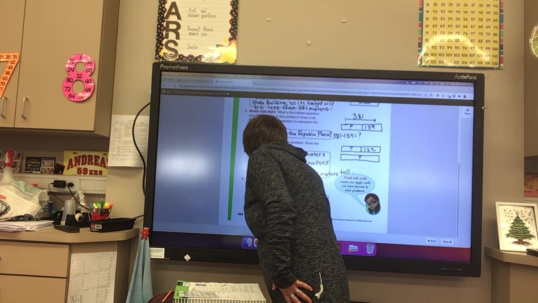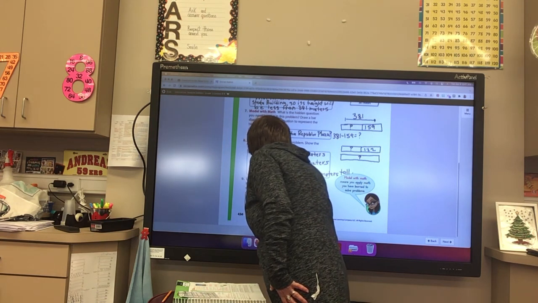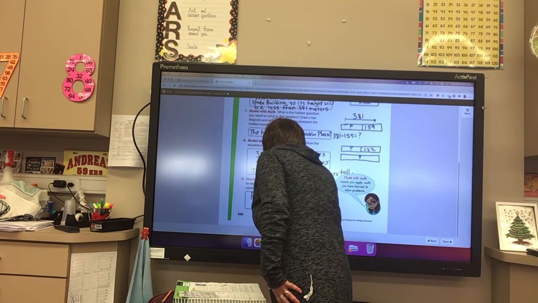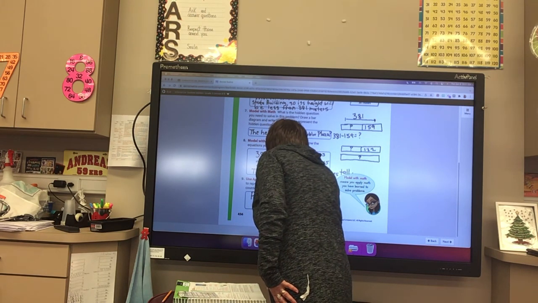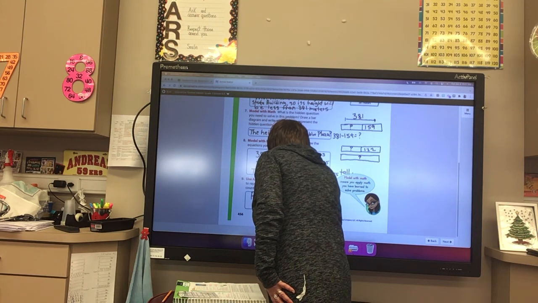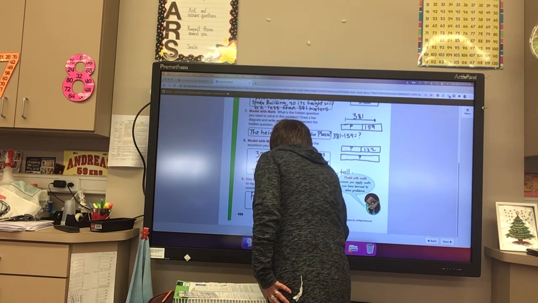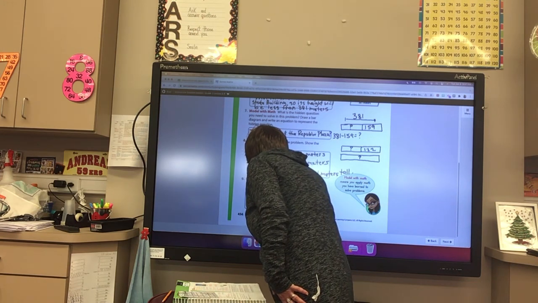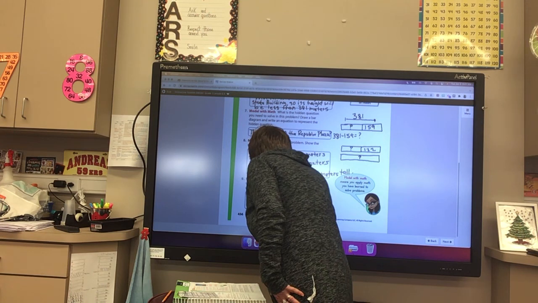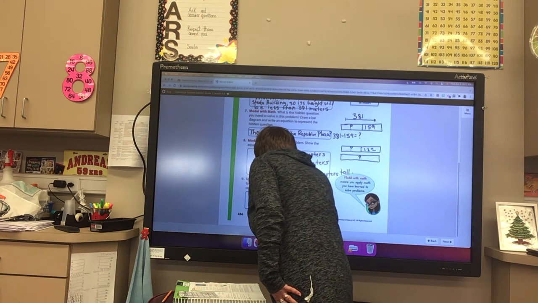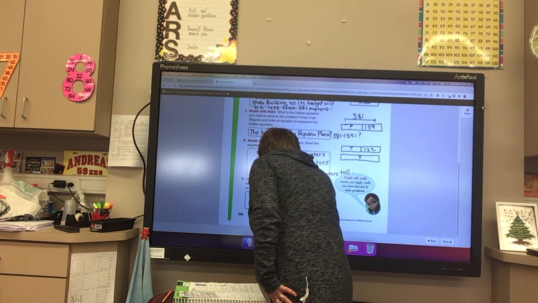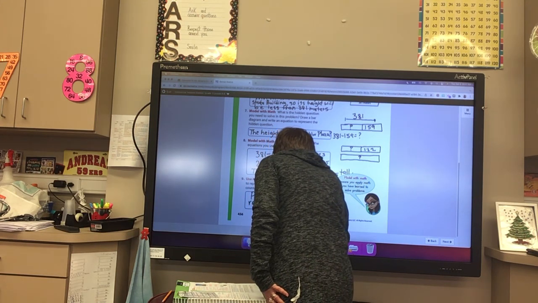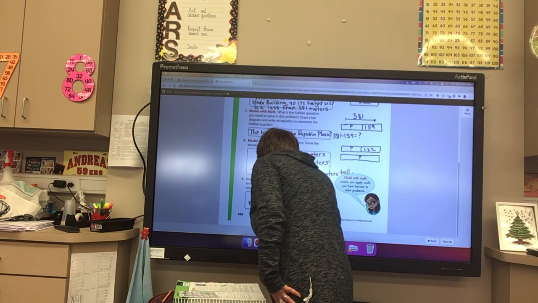Place value blocks would represent hundreds, tens, and ones.